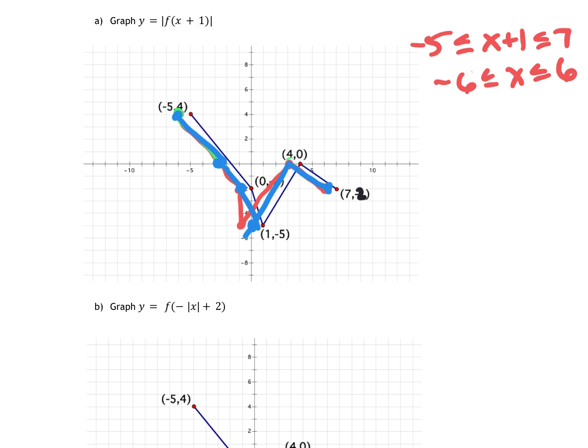Okay. So now I'll do in green the absolute value in y. So everything on the x-axis or positive gets marked, and then negative y values become positive. And then this negative 5 goes up to positive 5.